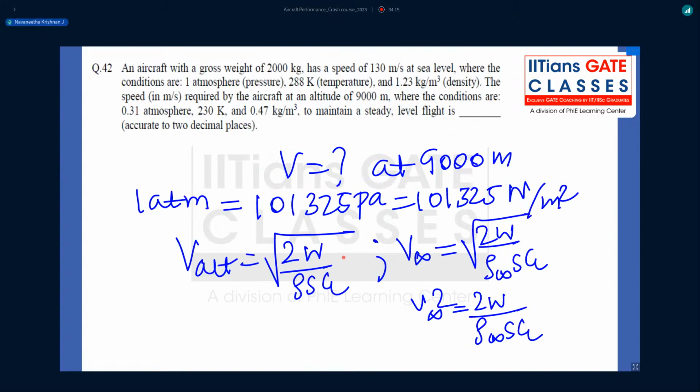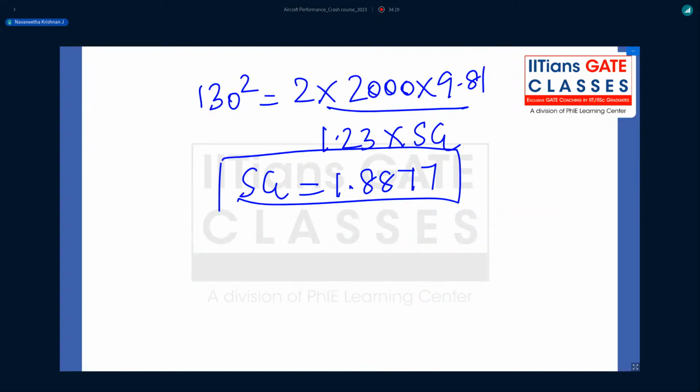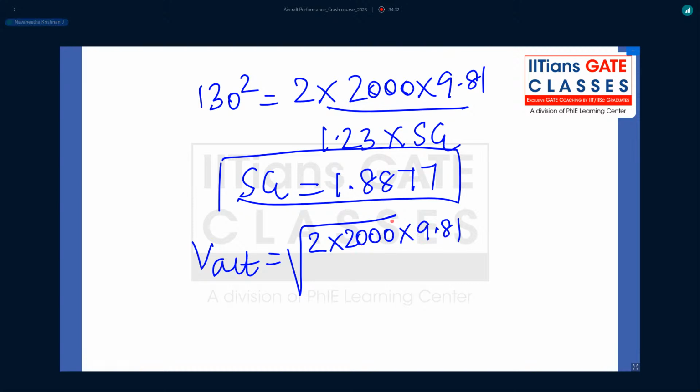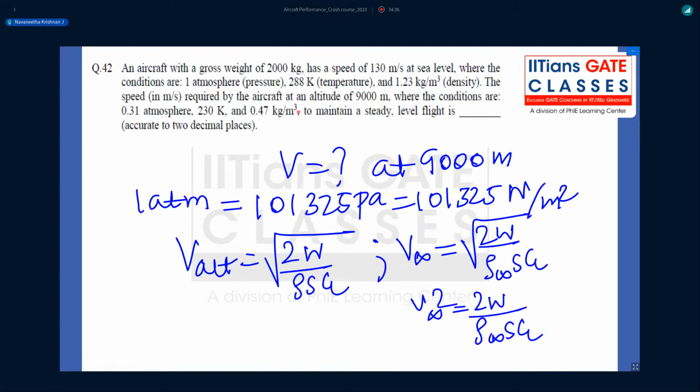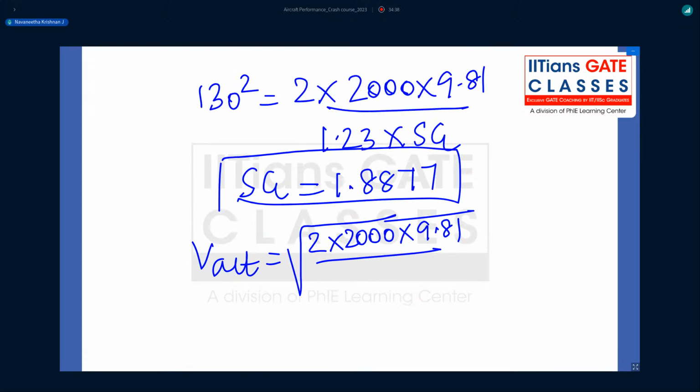Substitute the value of S into CL in this equation, and we get the velocity at that altitude. So velocity at that altitude is root of 2 into weight, weight is 2000 into 9.81, divided by rho, which they gave at that altitude as 0.47 kilogram per meter cube, into S into CL, which is 1.8877.